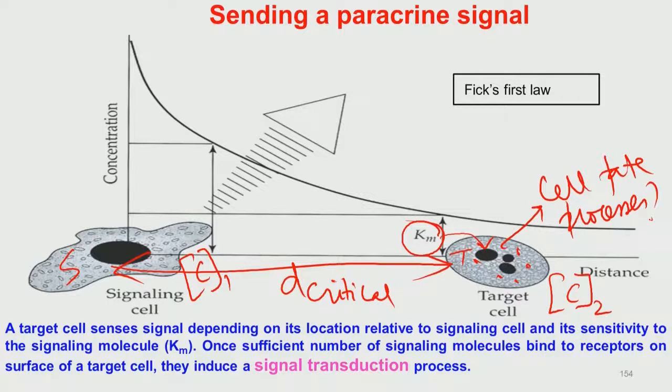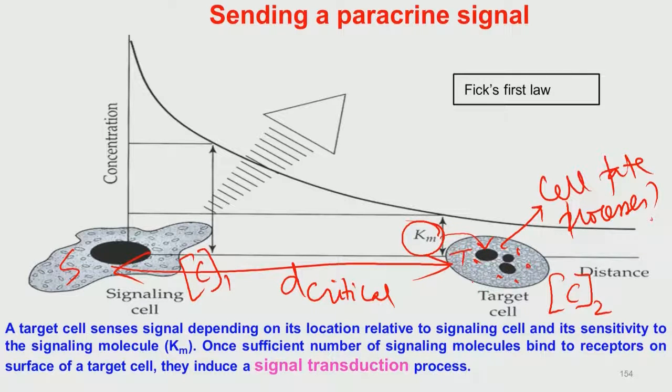The source and target cell cannot be separated by a significantly large distance, because even if the diffusion process is activated and a certain number of signaling molecules reach the target cell, it may be lower than the critical concentration of signaling molecules required by the target cell to activate certain signal transduction mechanisms or certain cellular fate processes within the target cell.